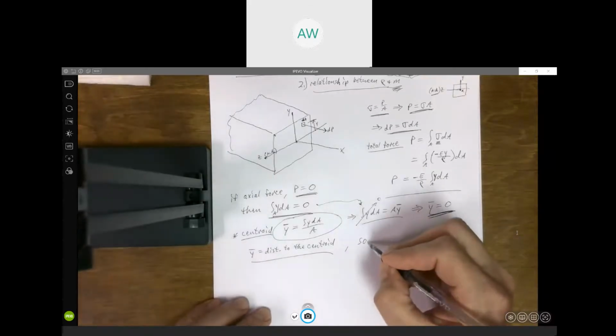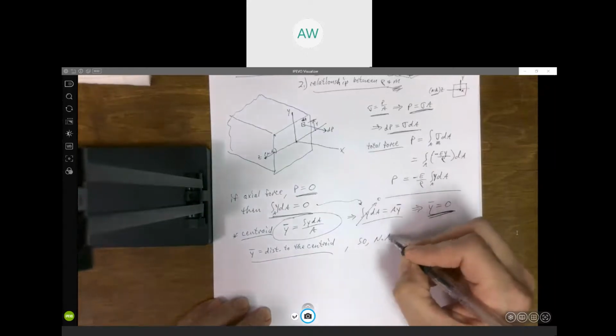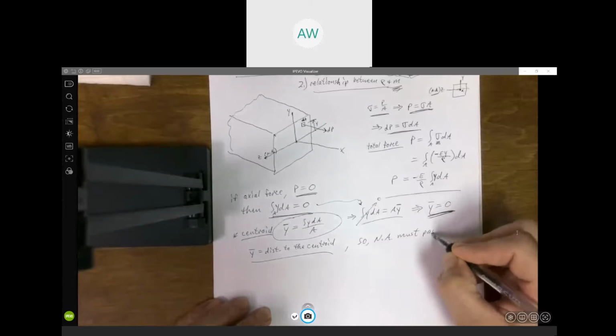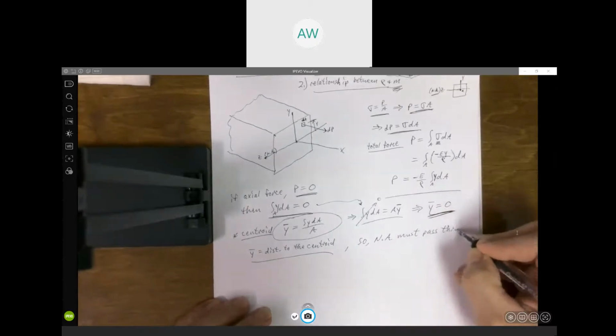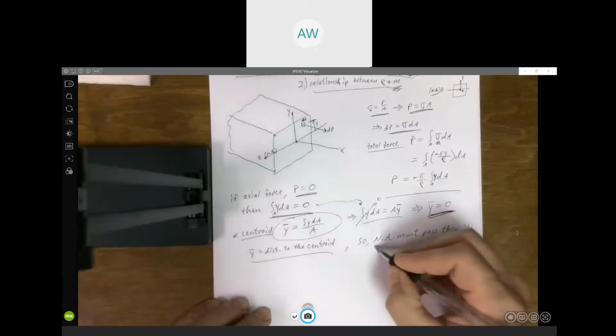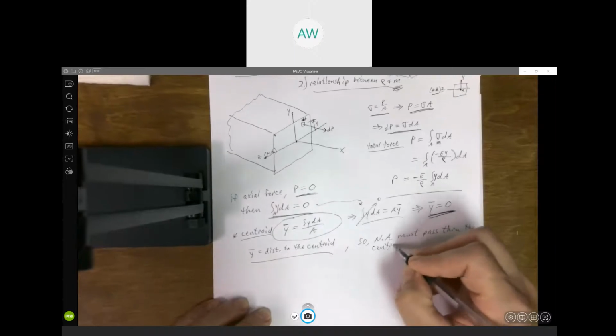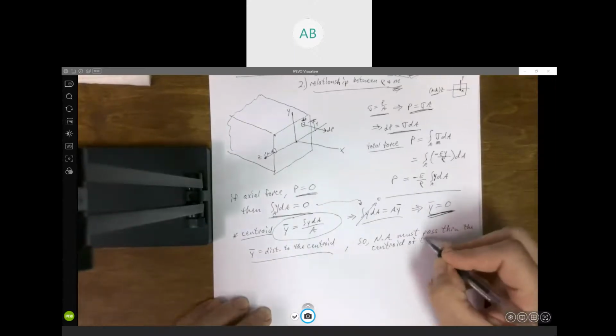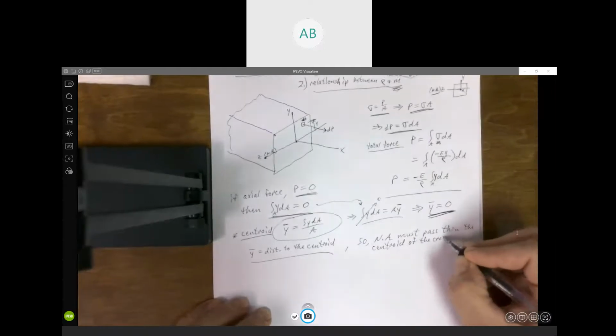And this is the result we're after: the neutral axis must pass through the centroid of the cross-sectional area.